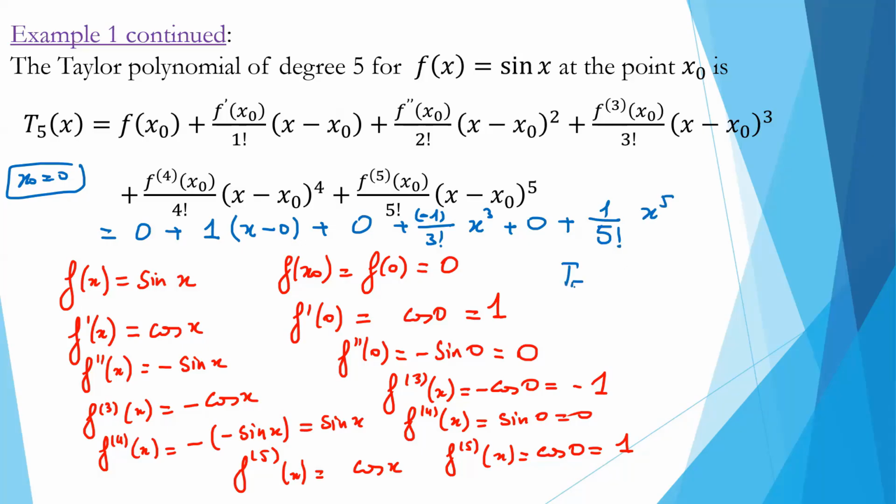So T5, the approximation of f of x in the neighborhood of x0 equals 0, is x minus 1 over 6 x cubed plus 1 over 120 x to the 5, since factorial 5 is 120.